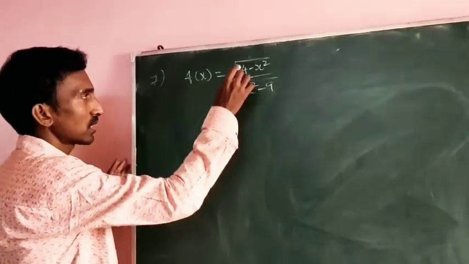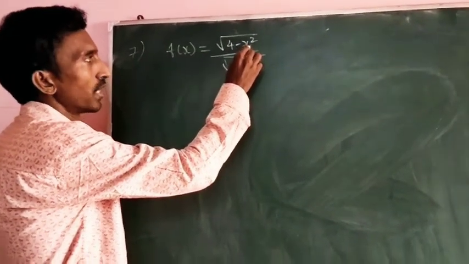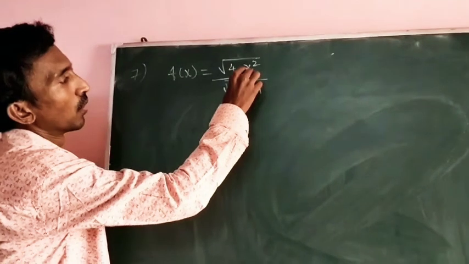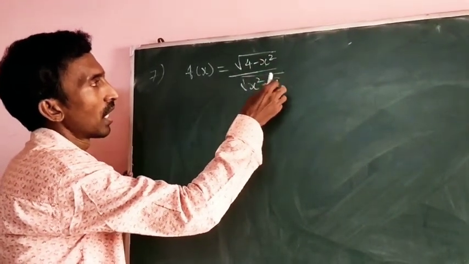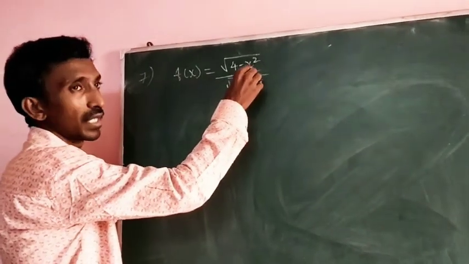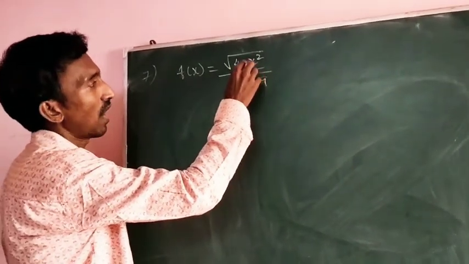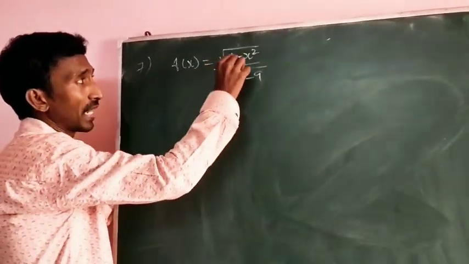Okay, so listen here. If x is some value greater than 2 or less than minus 2, for example greater than 2 means 3, imagine x is 3, so what do we get? 4 minus 9, so negative.